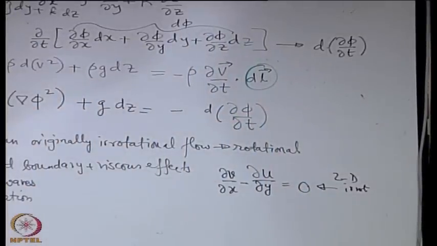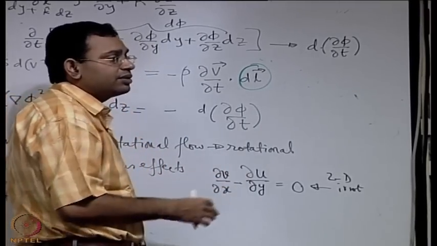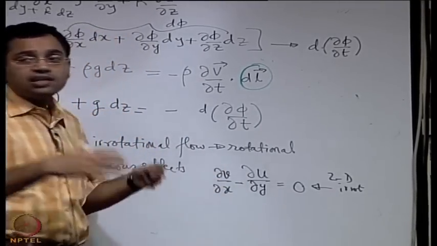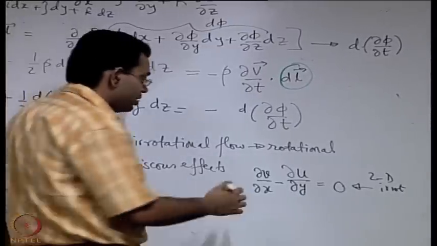And in inviscid flow, what is the requirement? The requirement effectively boils down to the shear stress not being there, that is the net effect that is there because of the viscous effect.